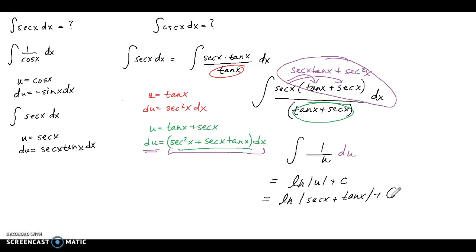Now the trick was to figure out this expression. Where did they get that from? I believe they got it from looking at u as secant x first, trying to find its derivative, but then there was a secant squared, so they had to add on a term that looked like secant squared. But if they did that to the numerator, they also had to add it to the denominator.